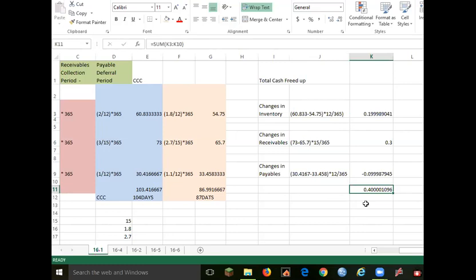So this amount is in millions. Or if we convert it into lakhs, you can say 4 lakh dollars is the capital freed up, total cash freed up.